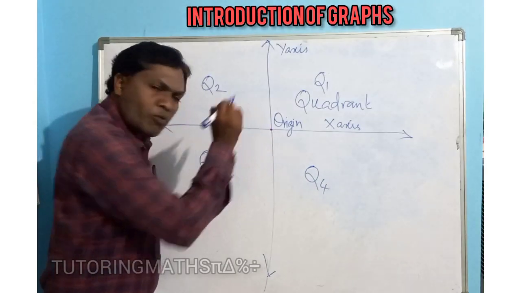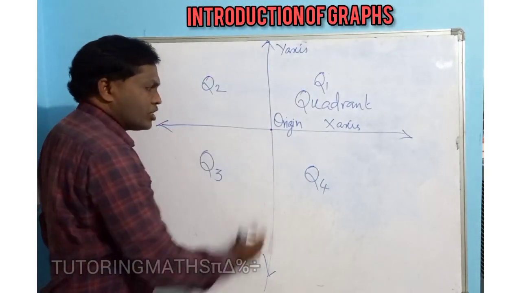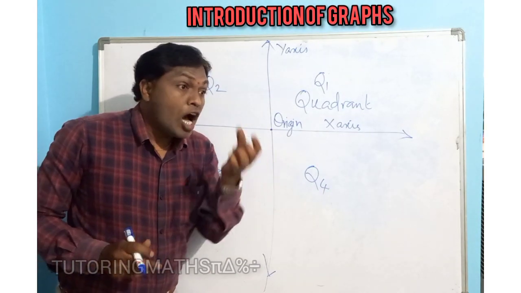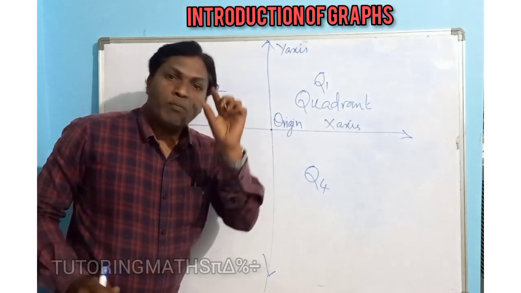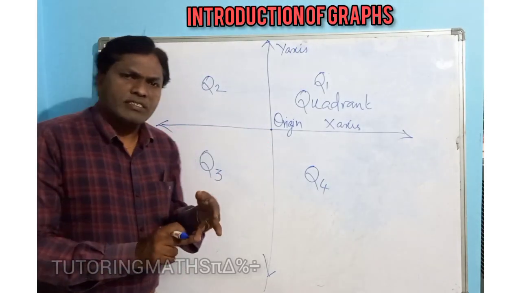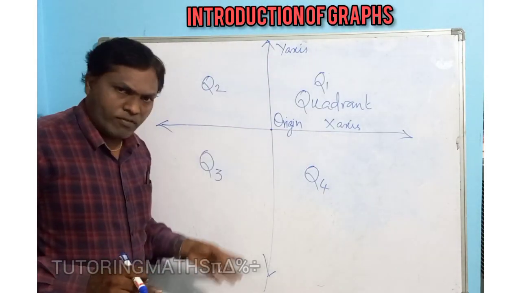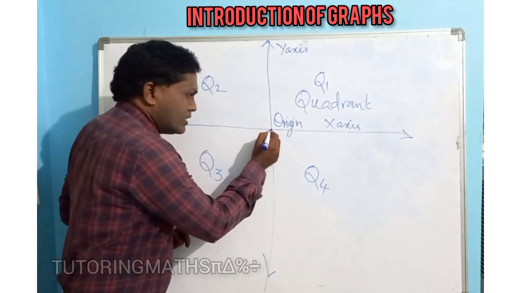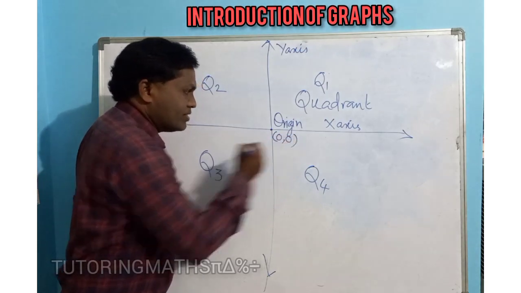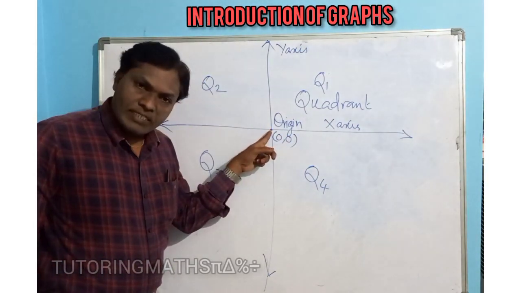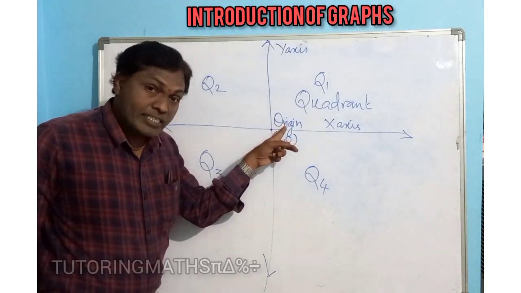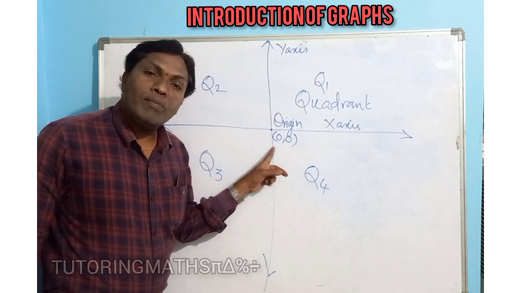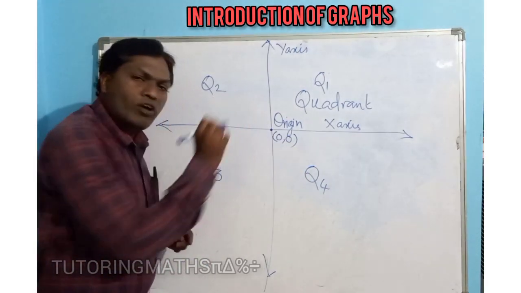And how do we get this point? It is the intersection of x and y. Already we have discussed that a point can be formed with the help of two lines, one horizontal and one vertical. This point also has two coordinates, 0, 0. What are the values of the origin? 0, 0, because the starting value is 0.